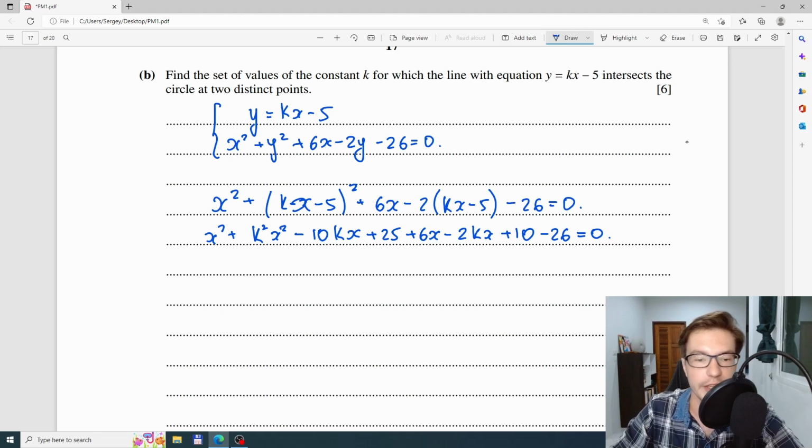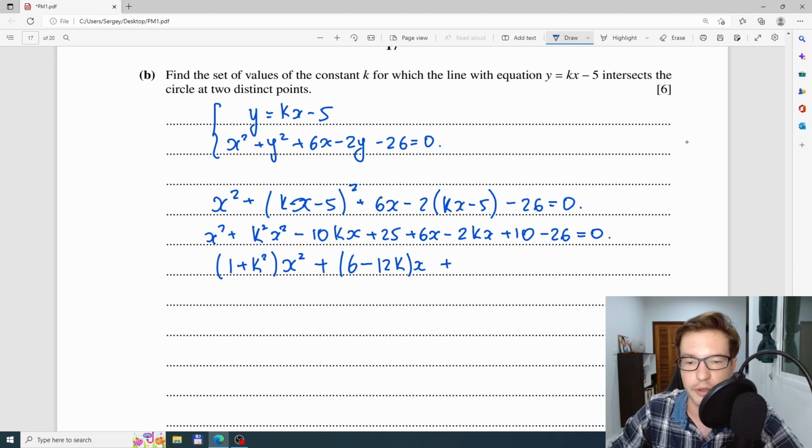And let's combine x squared with x squared, x with x, and numbers with numbers. So we will get (1 plus k squared) times x squared. Yeah, I just factorized it. Then for x, I will get plus (6 minus 12k) times x.